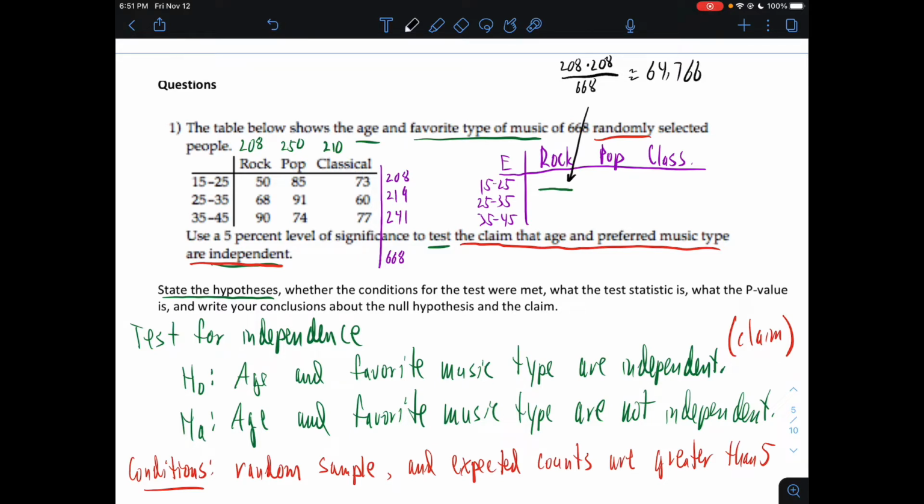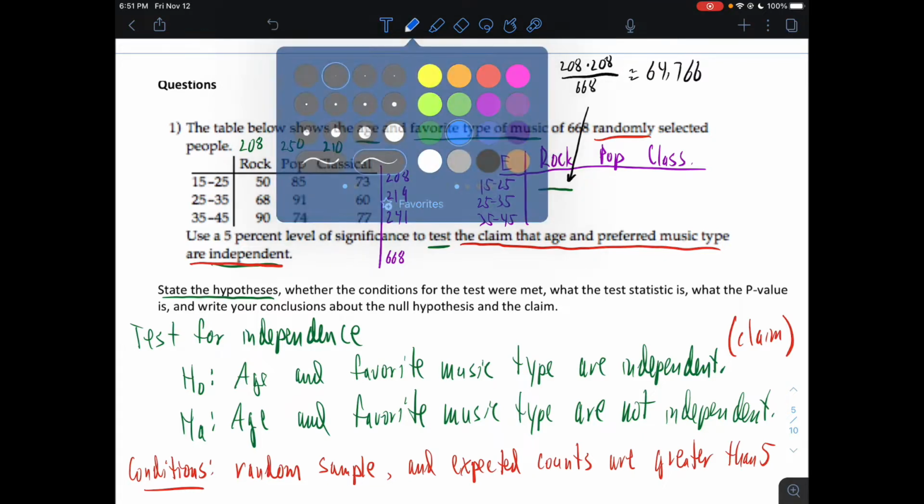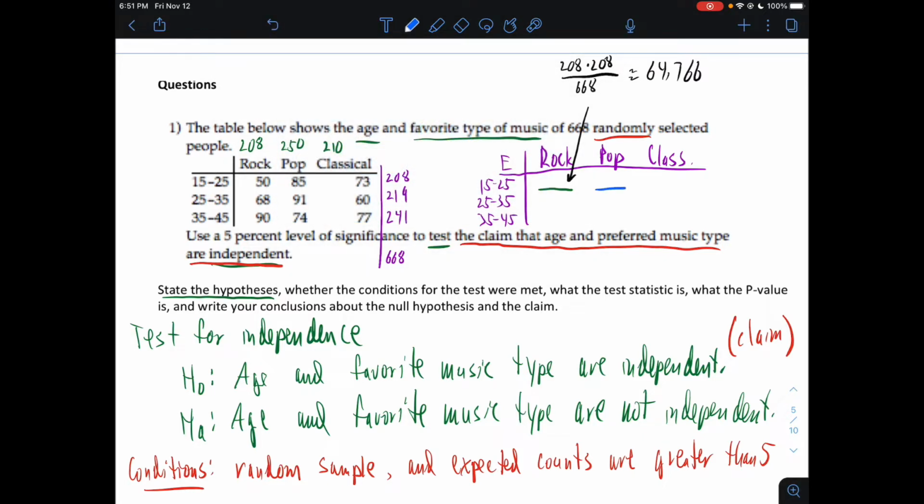All right, and then we can continue into the next column, looking at pop. But still in the row for 15 to 25. In that case, I still have the row 208, but this time the column is 250, and then we divide by the grand total, which is 668.